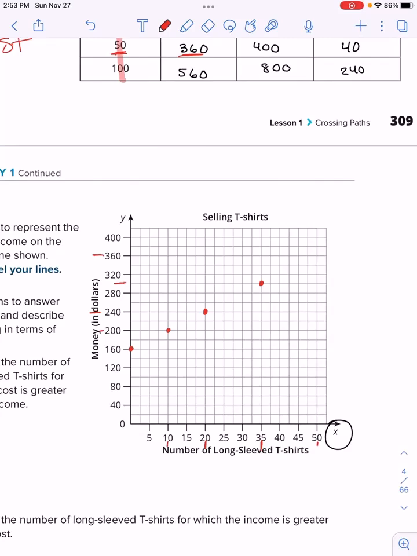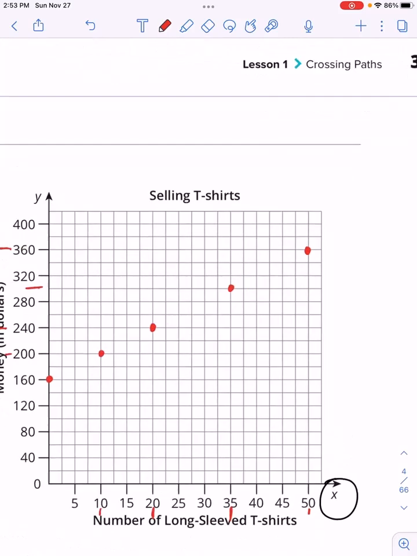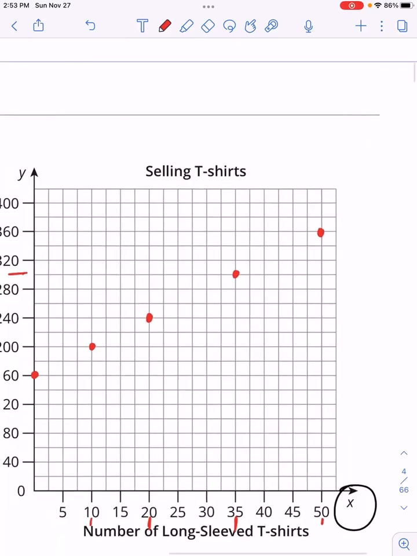Let's see where they join. Looks like that. All right, so as best we can, let's go ahead and graph this. If you want, you're welcome to use a straight edge or a ruler. You're welcome to grab that. Right next to this, I'm just going to put that this is the cost, and this was the equation, y equal to 4x plus 160.